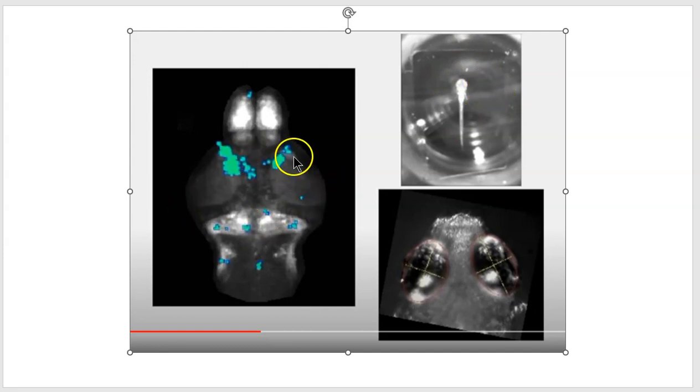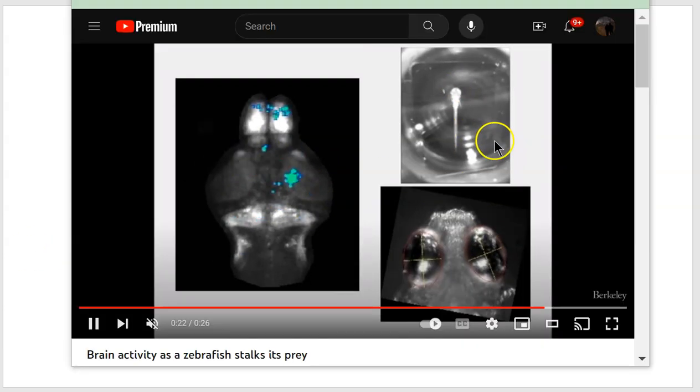Over here, again, we see the surface of the fish's brain. And again, these neurons have been engineered to express a protein that will fluoresce when the neuron is activated. So we're going to be seeing in real time the pattern of brain activity as the fish is tracking its prey. Let's take a look. All right, so here we are.